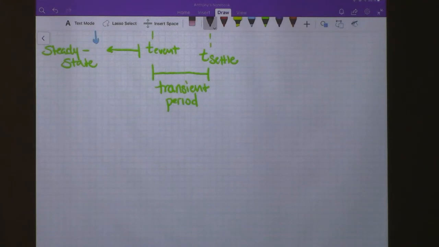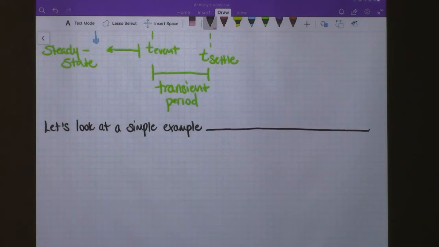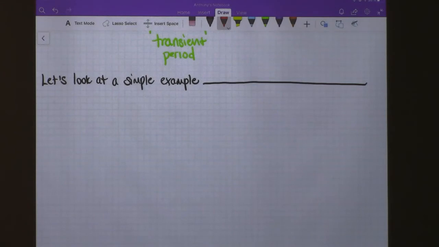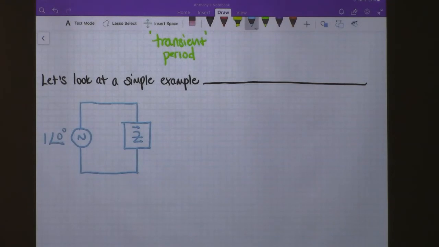So let's say I have a circuit that looks like this. Okay, this is going to be a phasor.